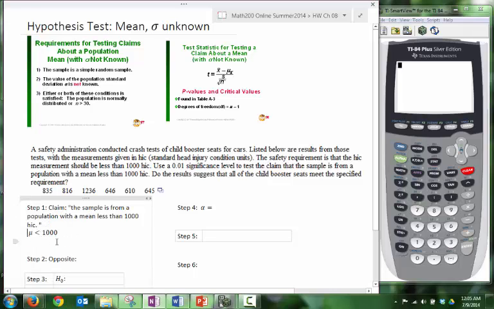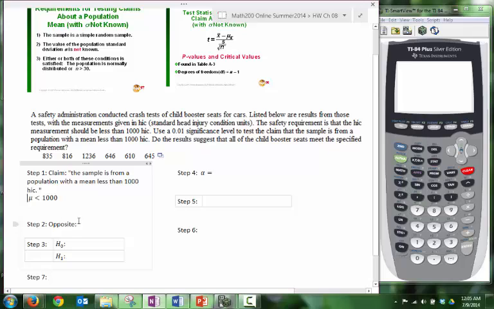And so this is our symbol for it. The complete opposite would be mu greater than or equal to 1,000, but in some cases we can just say that it's equal to, since this wasn't the original claim anyways.